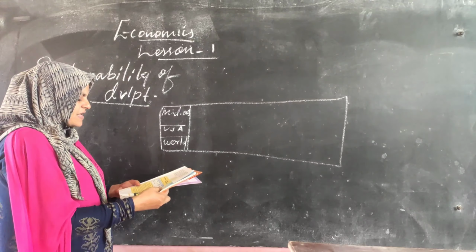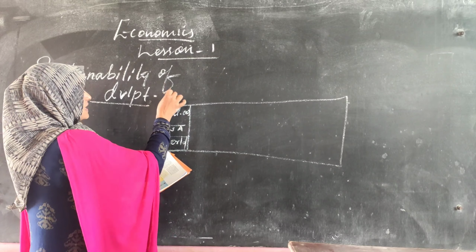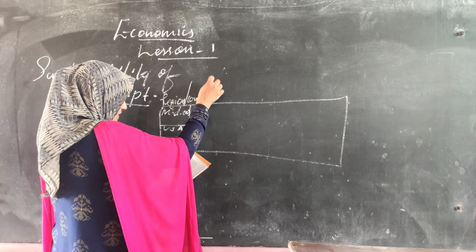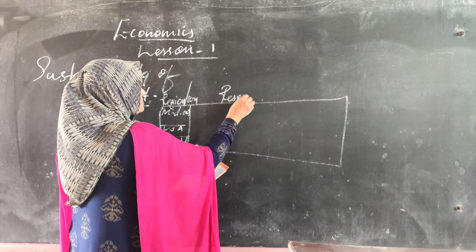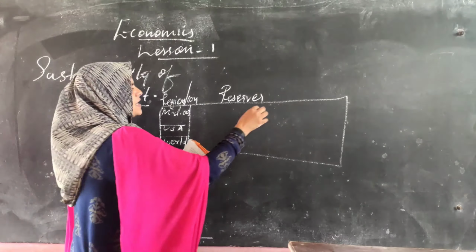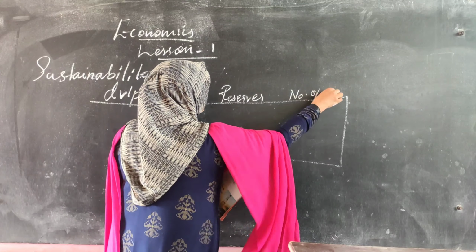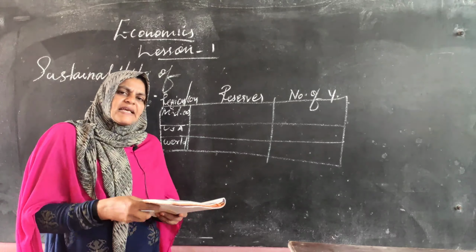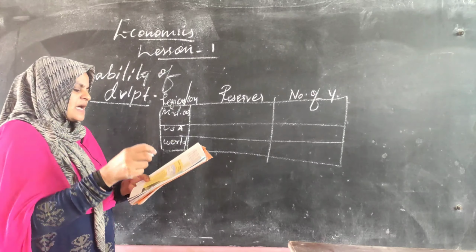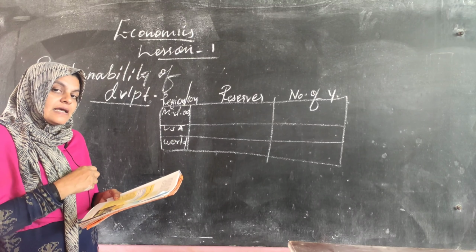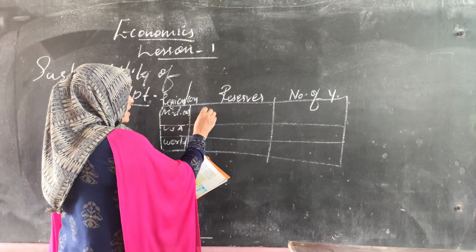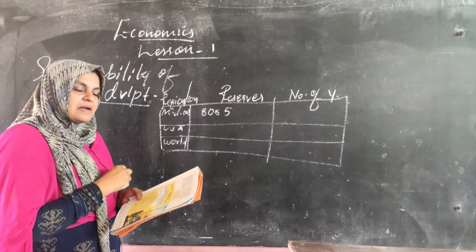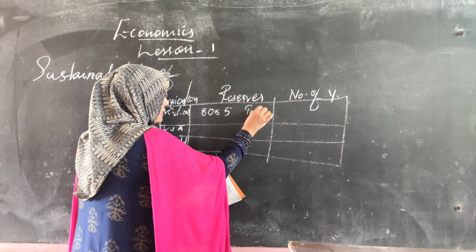So my dear children, when we look at it, there is a region or country, and here it is reserves. Next it is the number of years. Dear children, in Middle East countries, the reserves according to 2013 data are 808.5 thousand million barrels.